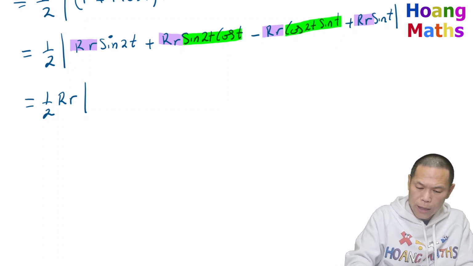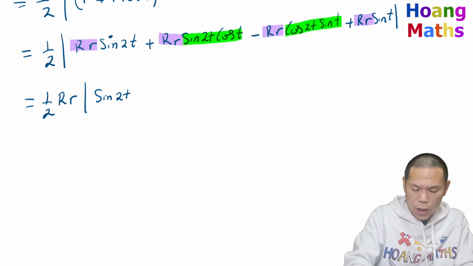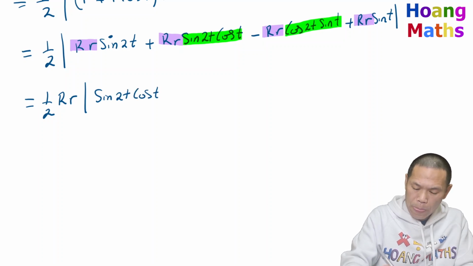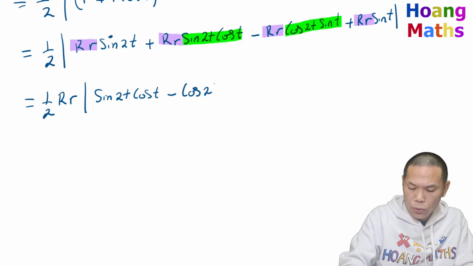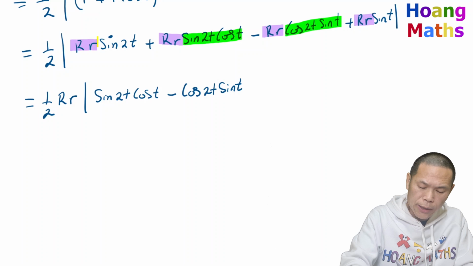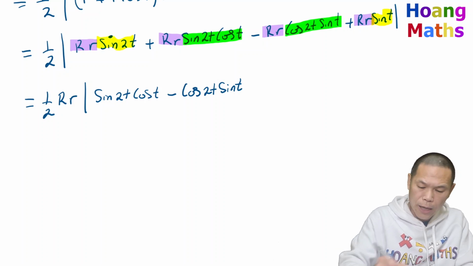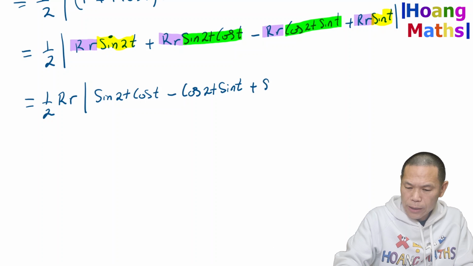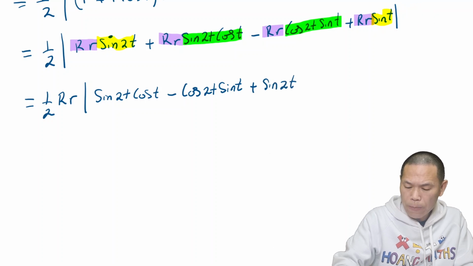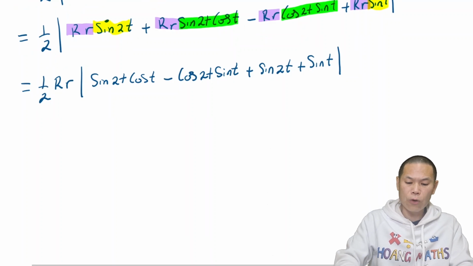So that is sine of 2t cos t, and then we minus cos 2t sine t. And we have sine of 2t, sine of t left. So we add sine of 2t, we add sine t, absolute value, of course.